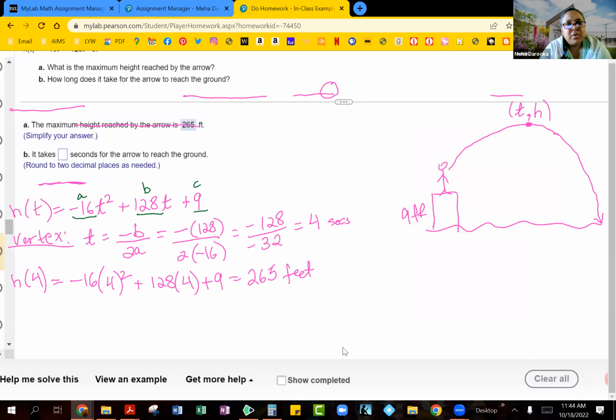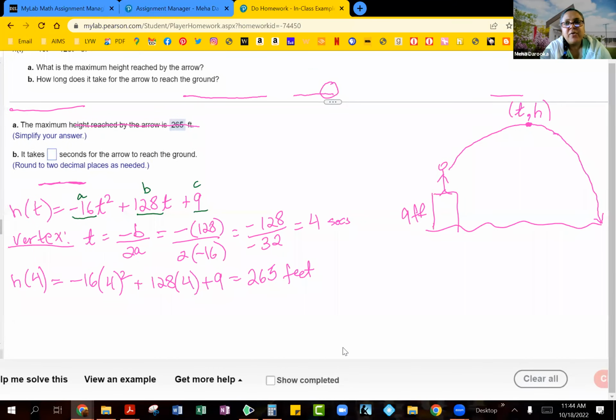Now they want to know how long it will take the arrow to reach the ground. This will not be the 4 seconds, obviously, because the 4 seconds is how long it takes to get to the maximum height. So we want to know when it hits the ground on the right side.